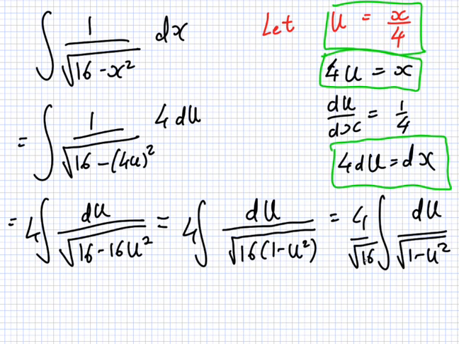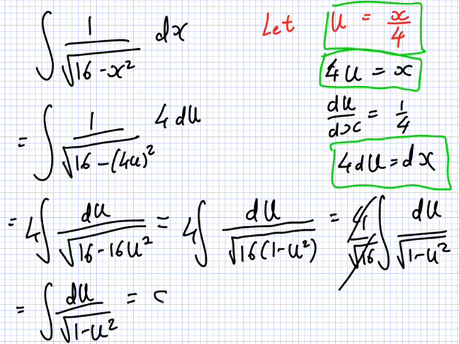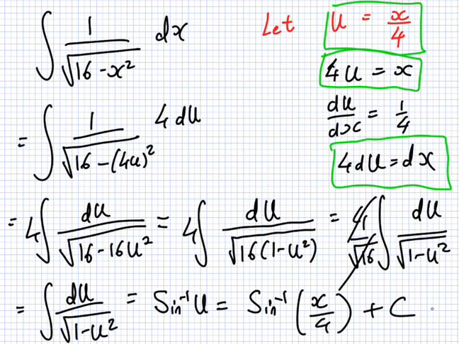Now what's nice here is root 16 is 4, so this will cancel with this, and you're left with du over root 1 minus u squared. Now we can use our formula. This is equal to sine inverse u plus c. So that's sine inverse x over 4 plus c.